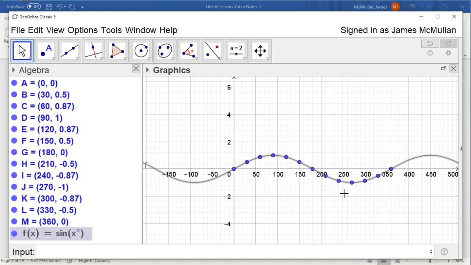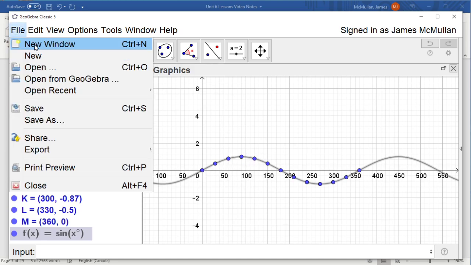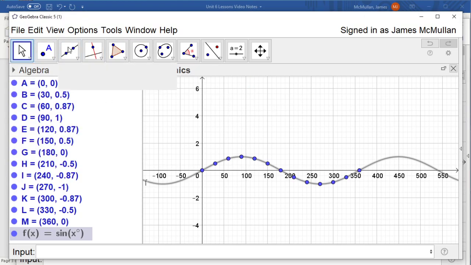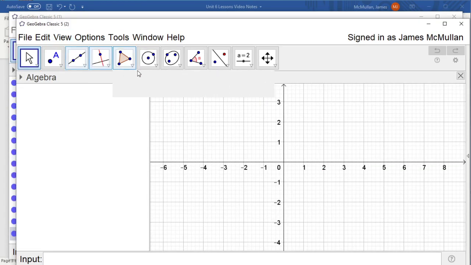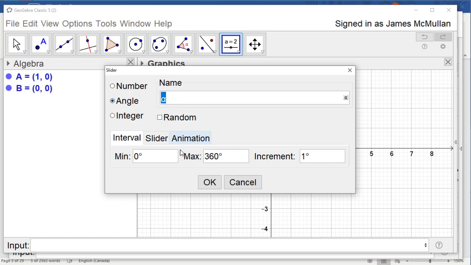And of course, why it repeats that pattern over and over again is because of this: let's say I asked you to draw a 400-degree angle. Maybe a new window would be better for this. So here's 1, 0, here's 0, 0, and then let's make a slider that goes from 0 to 400.